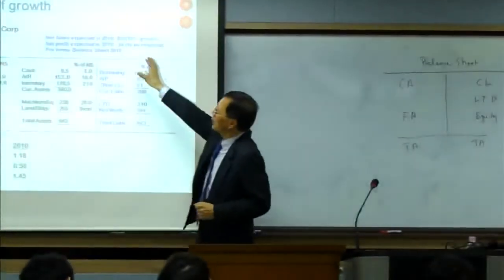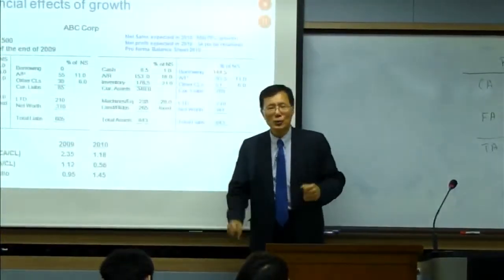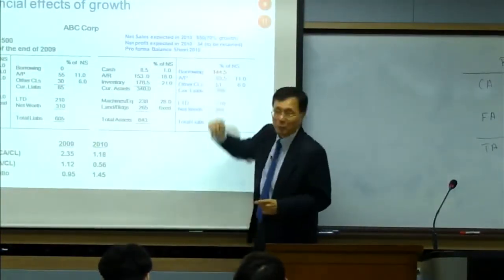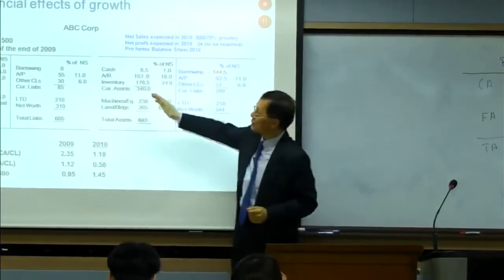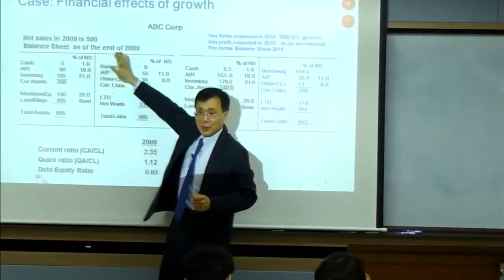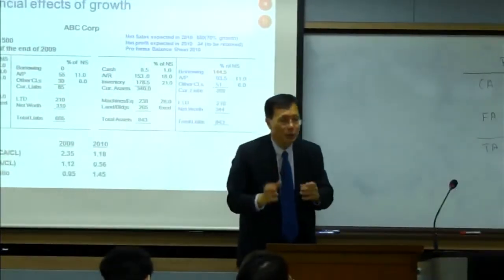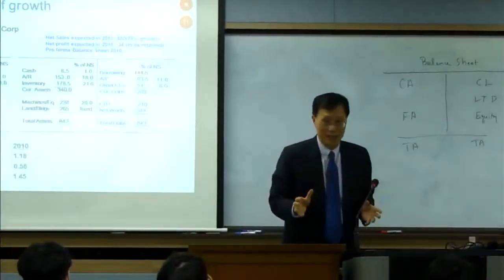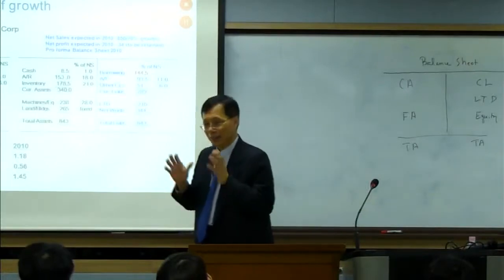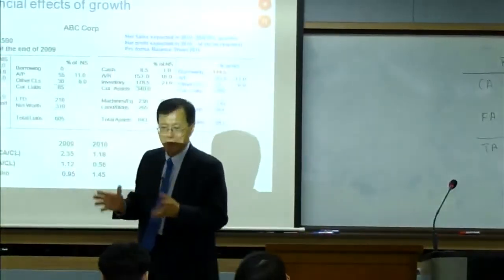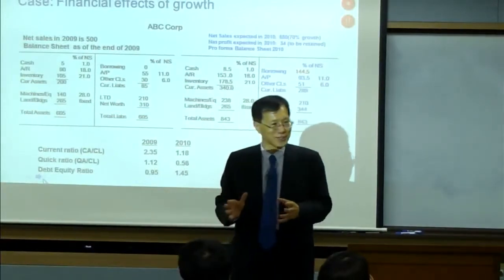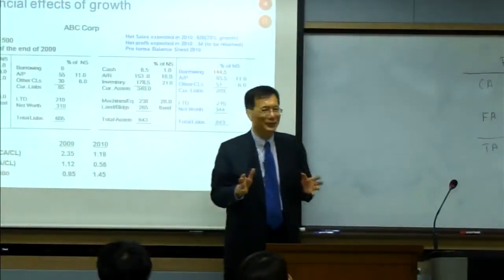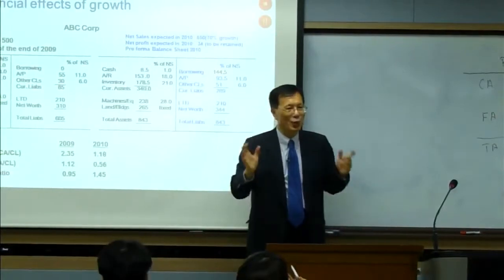The company wants to grow 70% in sales in 1 year. Sales level was 500 and it wants to increase the sales level to 850. Okay? In 1 year, the company wants to grow 70%. So this is just something extraordinary. 70% growth in 1 year.